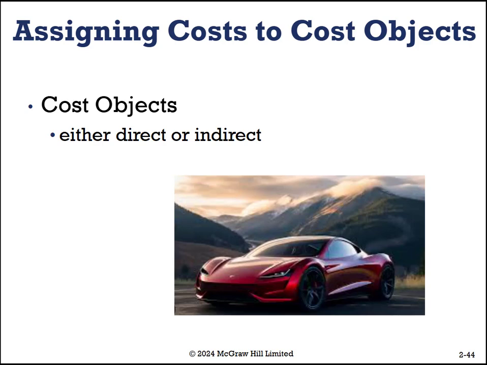Friendly reminder that a cost object is any unit of analysis for which cost data are desired. This includes products, customers, jobs, organizational subunits, anything. So when we assign costs to these cost objects, costs are classified as either direct or indirect, where direct costs are costs that can be easily and conveniently traced to a unit or product or other cost object.